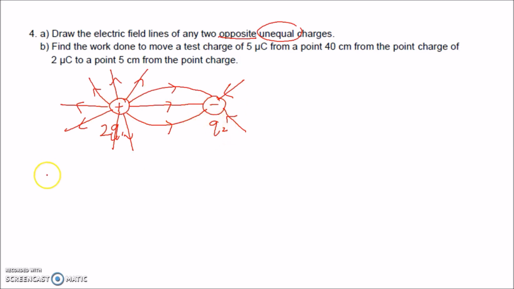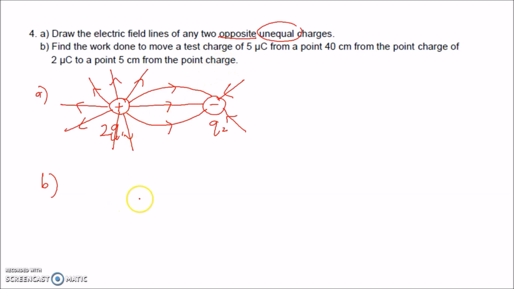charge. Okay, for question B, find the work done to move a test charge of 5 microcoulomb from a point 40 cm from the point charge of 2 microcoulomb to a point 5 cm from the point charge.